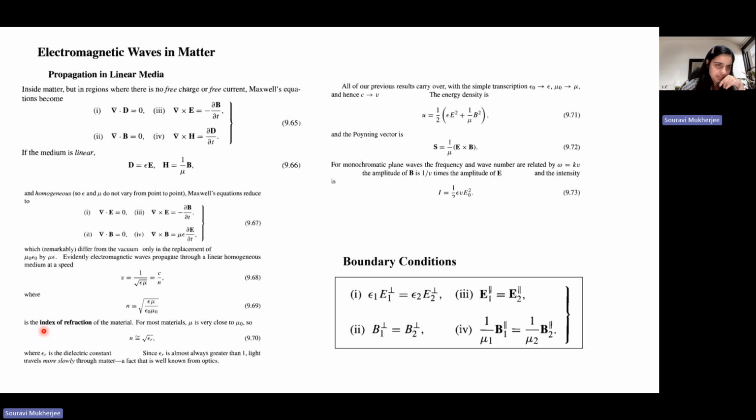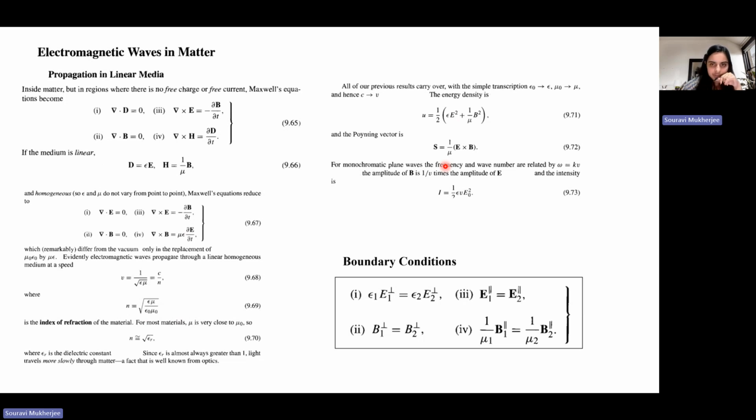When we talk about the refractive index of a medium, this value is a measure of how the wave velocity changes as it travels through the medium, how different it is from free space. The medium properties do affect the intensity, how the energy is getting propagated, all of it.